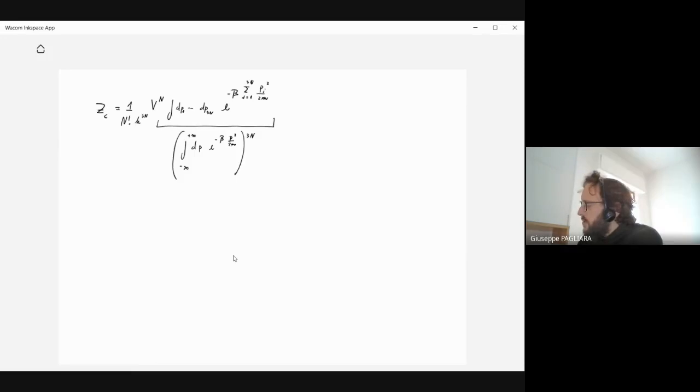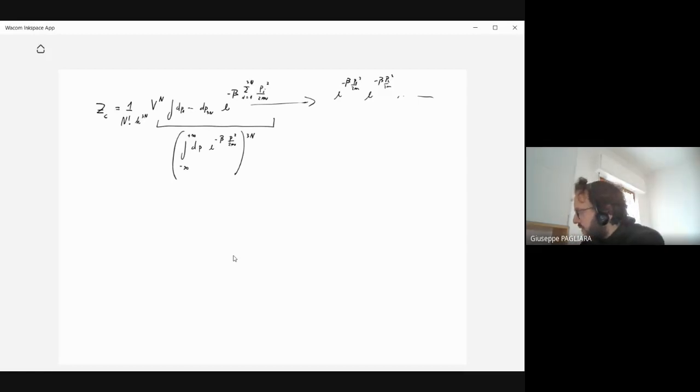Because the argument of the exponential is a sum, basically I have e to the minus beta p_1 squared divided by 2m, e to the minus beta p_2 squared divided by 2m, etc. And so this integral is 3N times the same integral, because we are integrating over all these variables.